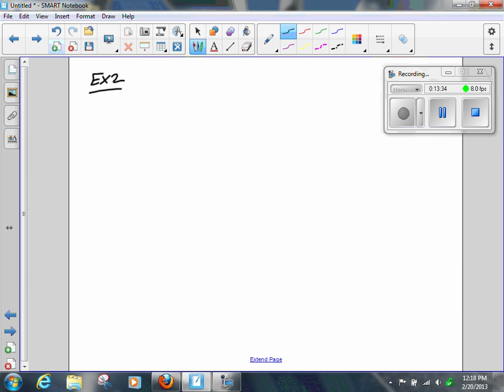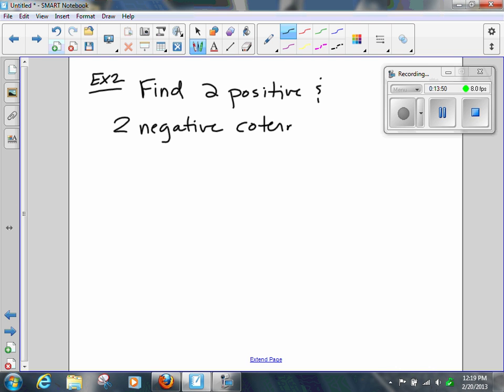Here we go. I want you to do what this says. I want you to find 2 positive and 2 negative coterminal angles to a 20-degree angle.